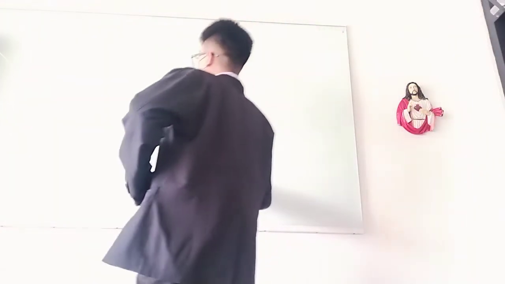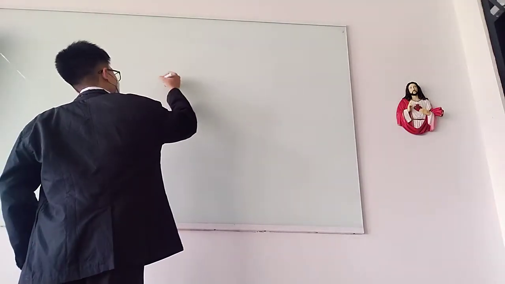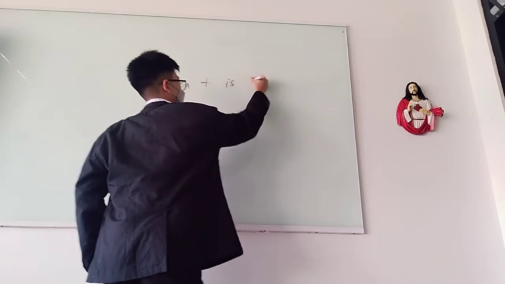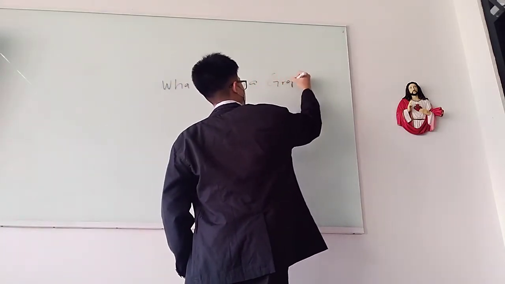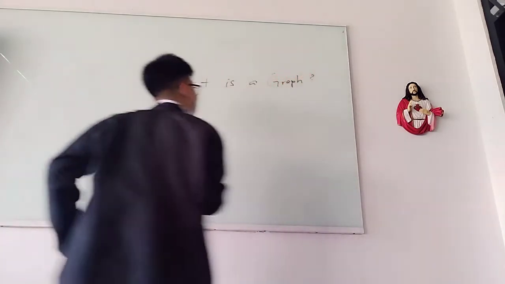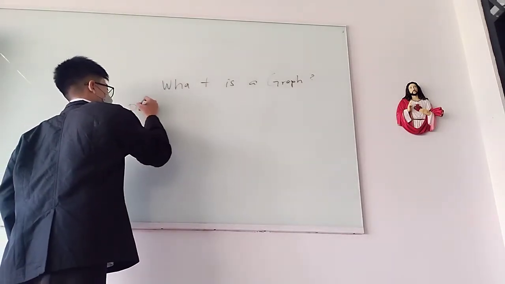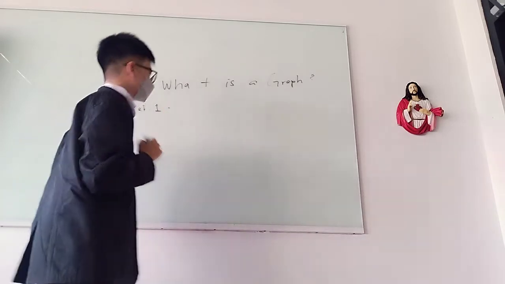So let's formally define a graph. What is a graph? So this is our first definition. Definition 1.